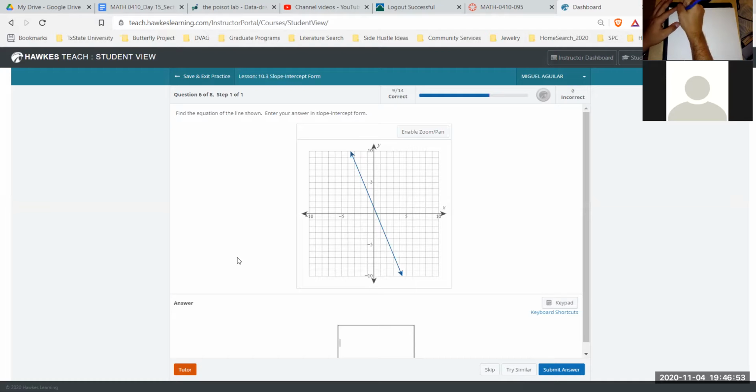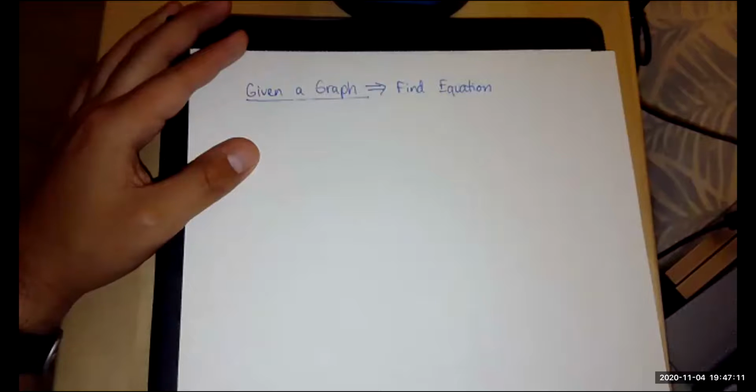if we're given a graph, and we're asked to find the equation, we sort of have a laundry list of things that we need to find. So let's talk about that laundry list.